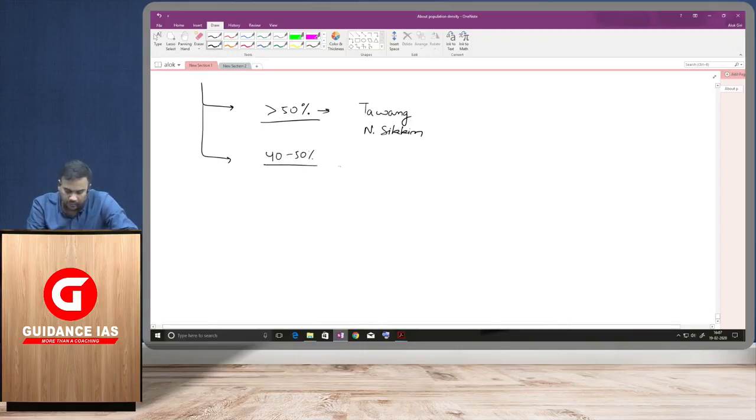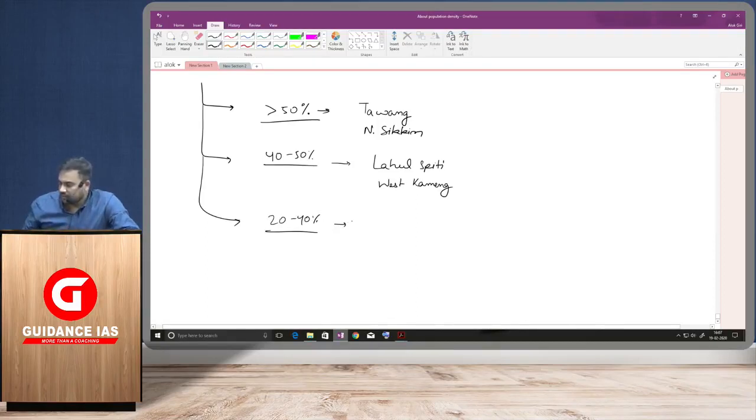A number of areas were there. One was Lahul, Spiti, and West Kameng. If you talk about where 20 to 40% concentration was seen, it was rest of Sikkim, that means east, south and west Sikkim, and Kinnaur of Himachal was another area.